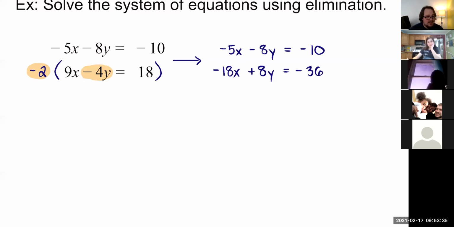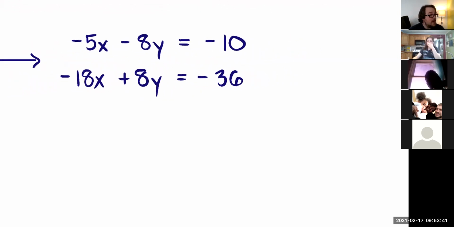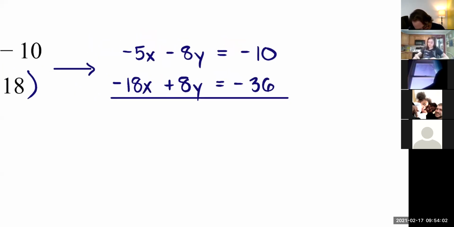Now, the reason I'm happy is that if I look at this new version of the same system, not only is it all still lined up for the most part, again, based on my handwriting, but I now have opposite coefficients on my y's. Which means, just like we did earlier on the perfect case, if I add these two equations together, something should eliminate. So the negative 5x plus the negative 18x gives me a negative 23x.